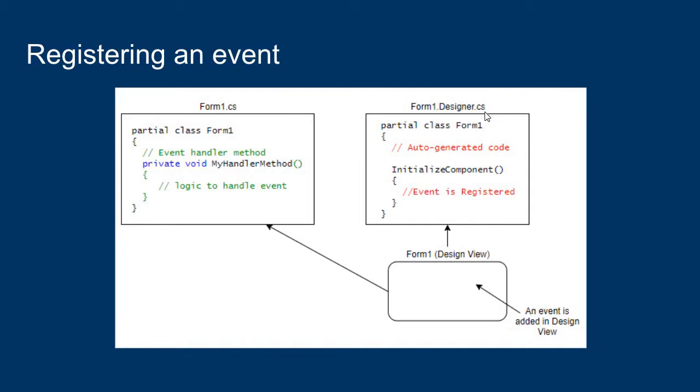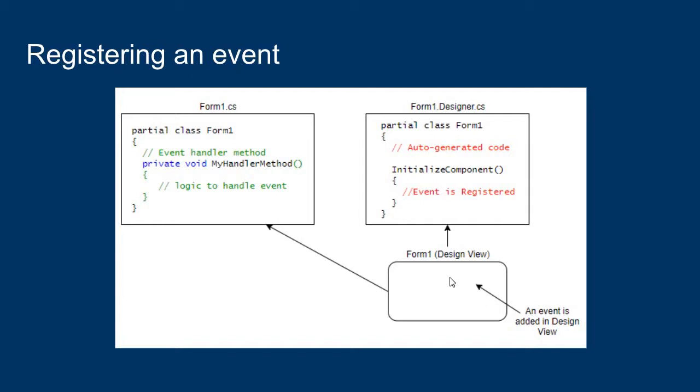The form1.designer.cs file contains the code that is auto-generated by Visual Studio. And the Form1 design view is where we interact with our form to set up the initial state of the form. So the way we are going to add an event to our application is we are going to go to the design view, select the control we want to register an event for, and then from that control select the event we are interested in.